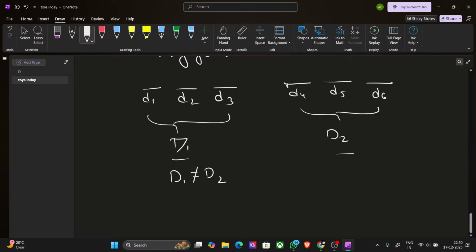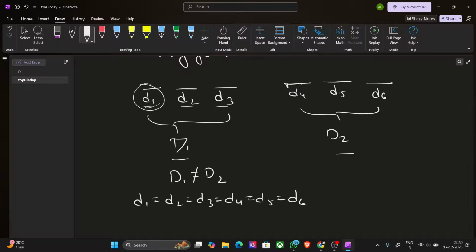This is a mathematical part, so keep up with me. If D1 is not equal to D2, and we want that small d1 equals small d2 equals small d3 equals small d4 equals small d5 and small d6, which means that D1 is broken into elements such that small d1 is also inside D2, which I can also state like this: that D1 is equal to some value x times d1 and D2 is equal to some value y times d4, right?